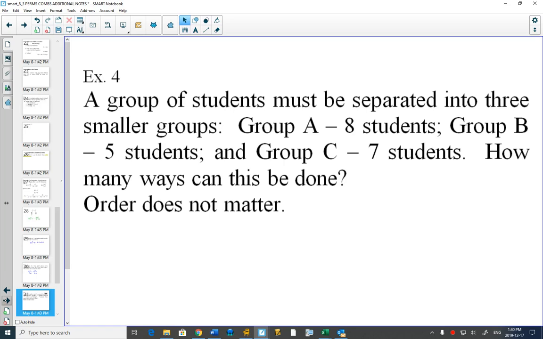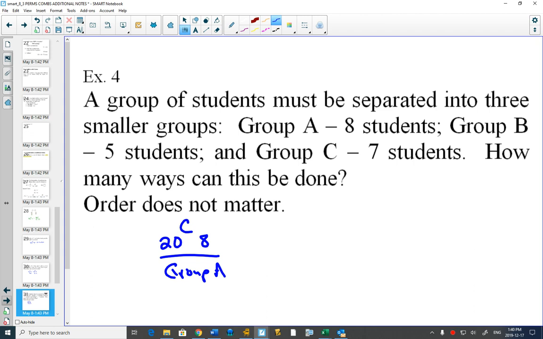You've got different decisions to make. My first decision is who's going to be in group A. Order doesn't matter in group A. I have 20 people and I need to choose 8 of them.